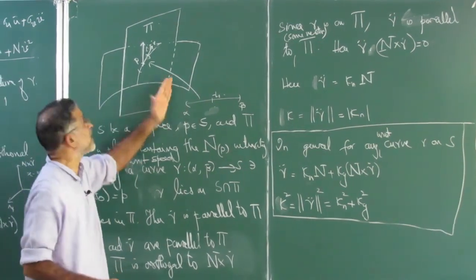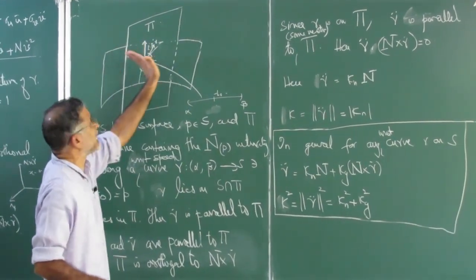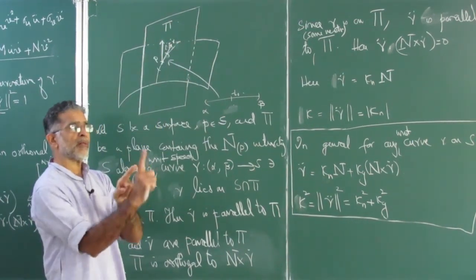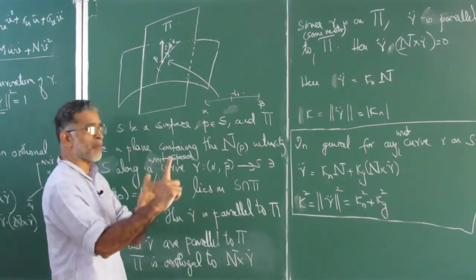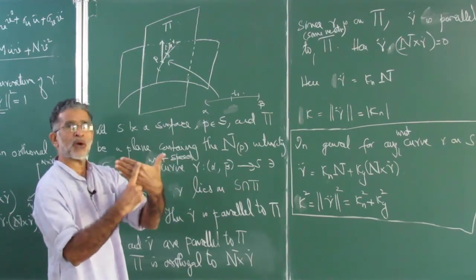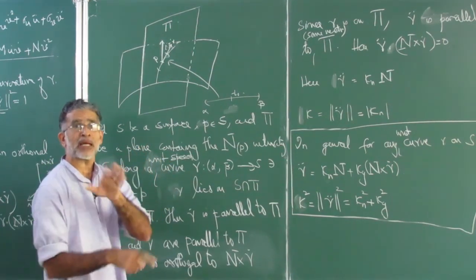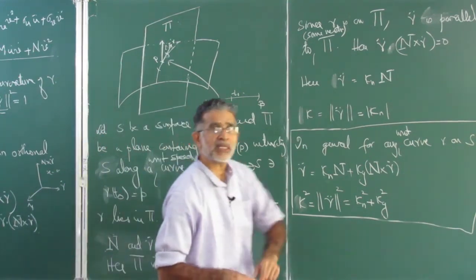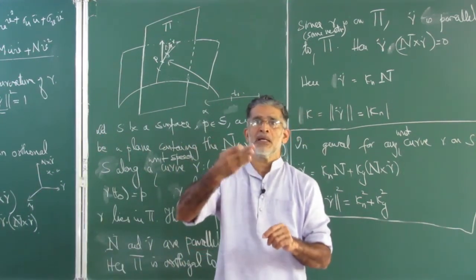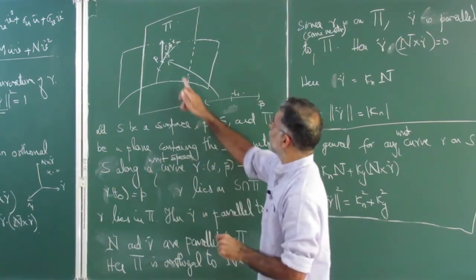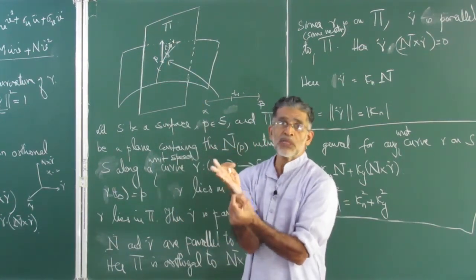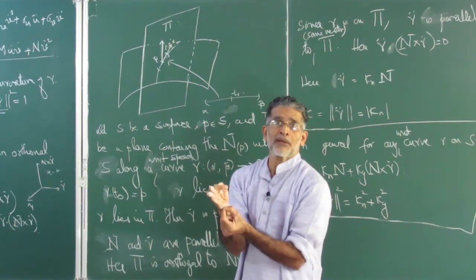One more thing is that this plane you can rotate, keeping the normal fixed. So in all the directions you can take and find the normal curvatures. Sitting at that point, take a normal plane, that means a plane containing the normal, and rotate it around without moving from this point.